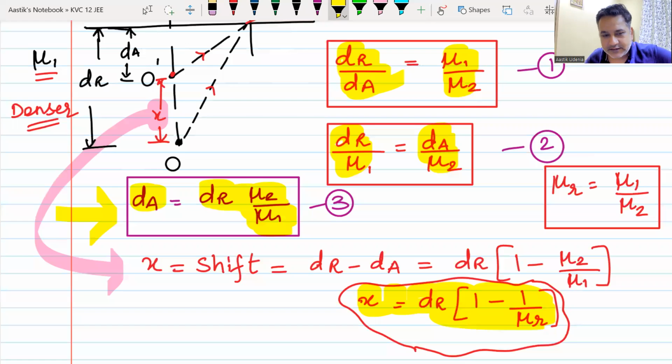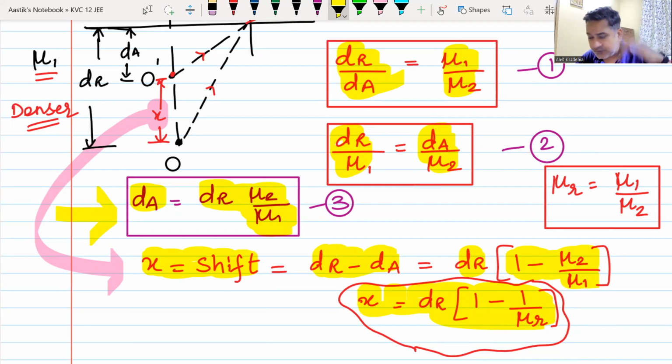Oh, sorry, I forgot to share it. Okay, so I'll repeat it. X is the shift. This X is real depth minus apparent depth. So I can write it as real depth minus apparent depth will be dr into mu2 by mu1. So it becomes dr into 1 minus mu2 by mu1.